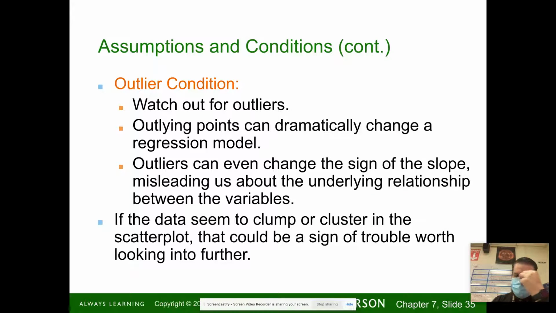What it wants to do is keep the distance between the predicted value and the actual value very minimal, and to do that across the average of all the points, you would be required to change the slope of the line, which impacts the intercept as well. So if the data seems to clump or cluster in a scatter plot, it could be a sign of trouble worth looking into further.